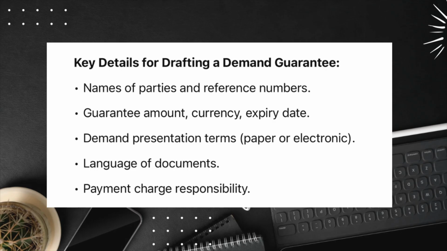This applies to both the guarantee and the underlying relationship to provide clarity. Third, the amount or maximum amount of the guarantee. Also, specify the currency to avoid disputes. Fourth, the expiry date or expiry event. Don't forget to clearly state when or how the guarantee will terminate.